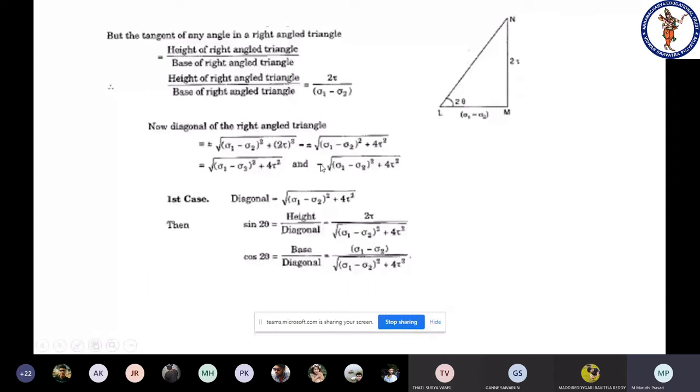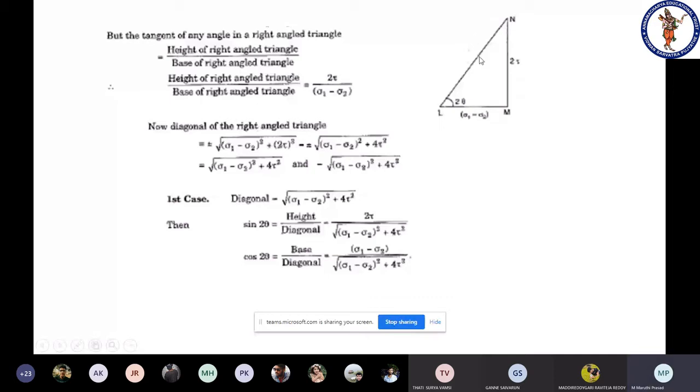NL equals the square root of that value, that is square root of sigma 1 minus sigma 2 whole square plus 2 tau whole square. So the diagonal will be either a positive value or a negative value. Either it is the positive root of sigma 1 minus sigma 2 whole square plus 4 tau square, or minus the root of sigma 1 minus sigma 2 whole square plus 4 tau square.